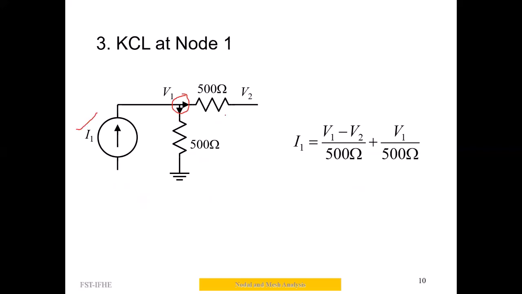Let the outgoing currents be two currents. Let us assign this as I2, this as I3. Once you apply the KCL, we get the equation I1 is equal to V1 minus V2 by R plus V1 minus 0 by 500 ohms.